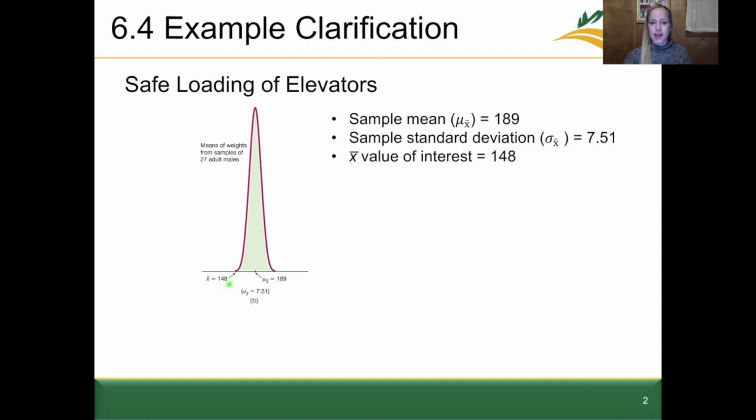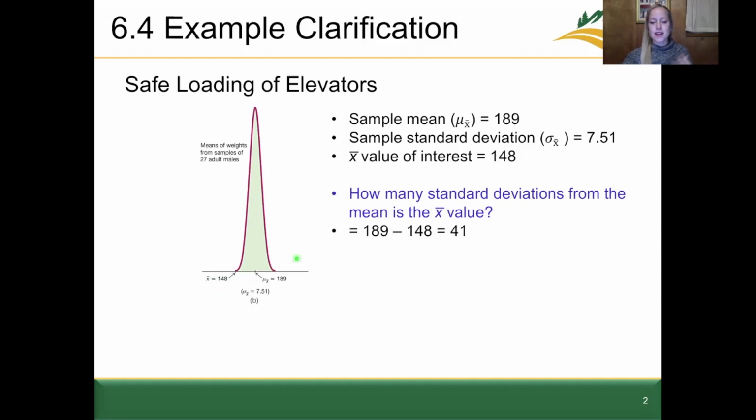Now, one thing we should ask ourselves is how many standard deviations away this x bar value is from the mean. From what we've seen previously in the semester, if a given value is within 1, 2, or 3 standard deviations of the mean, it will be within the distribution itself. So let's answer this question. We take 189, the value of the mean, minus our x bar value of interest.